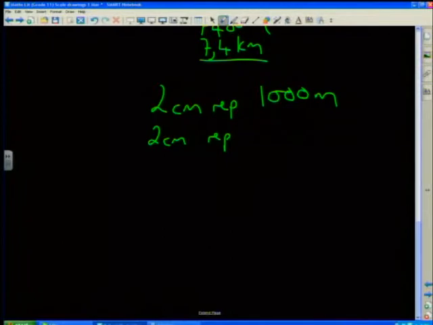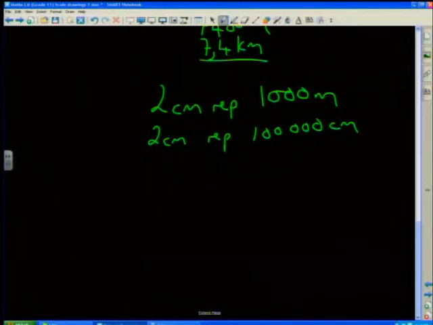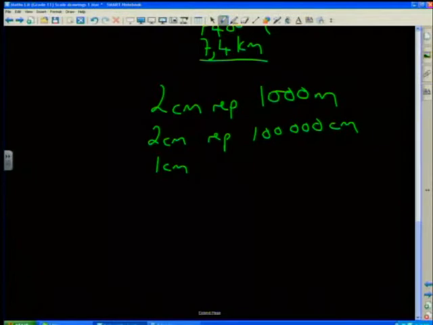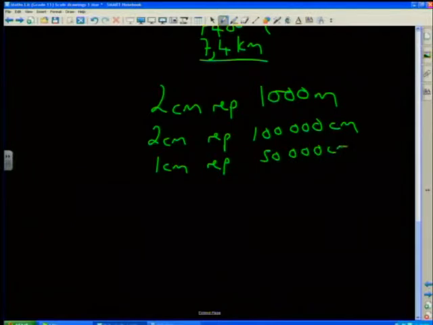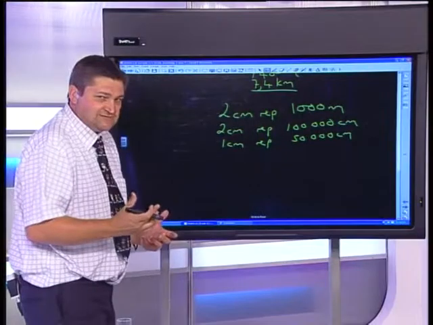There are 100 centimeters in a meter, so I've got 100,000 centimeters. So what does 1 centimeter represent? Well, if 2 represents 100,000, 1 centimeter on the map must represent 50,000 centimeters in real life. Does this make sense? Of course it does.